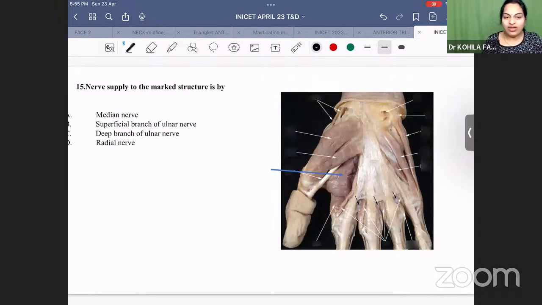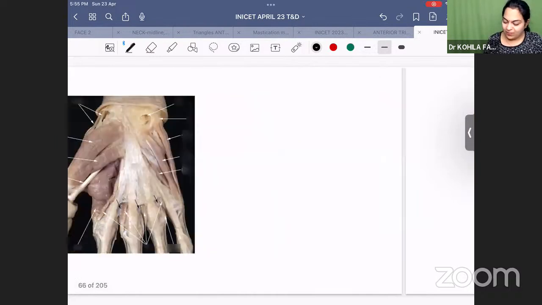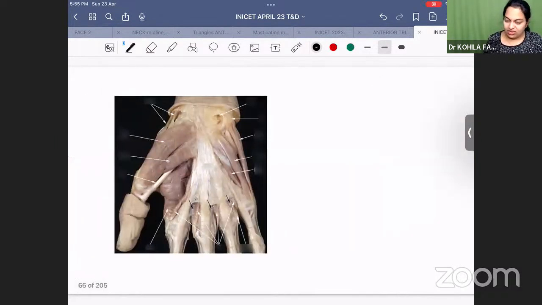Easy. What is the muscle pointed? The muscle pointed here is going towards which digit? So you see the thumb, right? This will be your thenar muscles. This will be the hypothenar muscles.